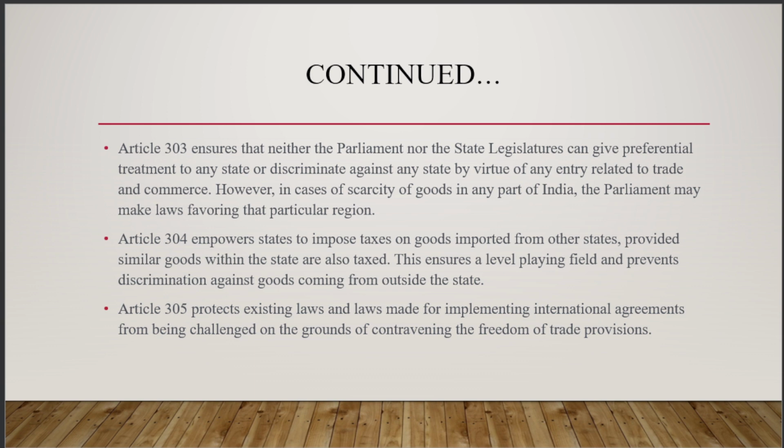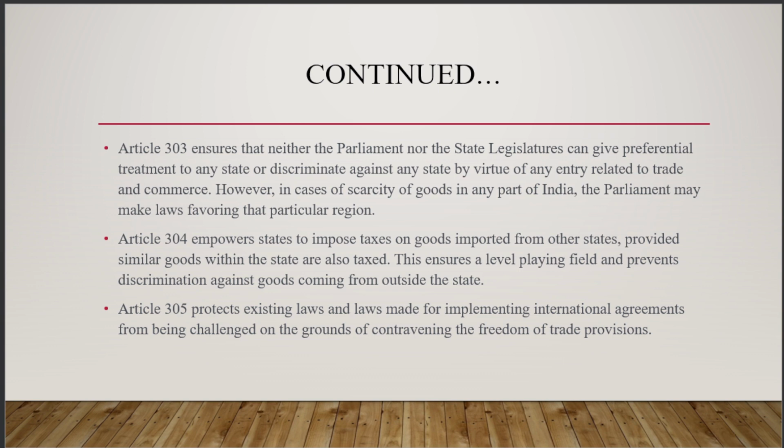So the parliament or the state legislature cannot prefer any state over another state to facilitate trade. They can only do this when there is a scarcity of resources in any state. So in such a situation, they can discriminate. Other than that, there can be no situation under which they discriminate between different states in terms of trade.